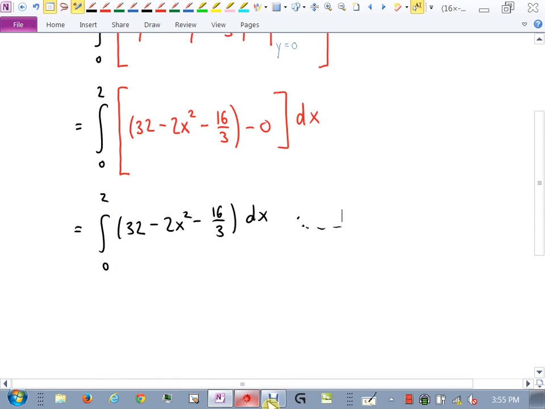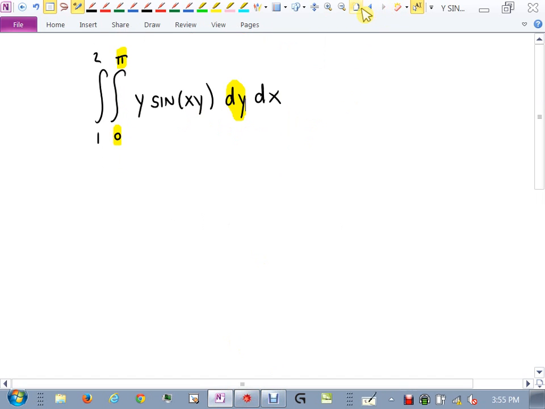But where we're headed here is, well, let's just see where we're headed, okay? Integrating over a rectangle, you'll never see a problem like that on a test. It's too easy. We want to integrate over something more complicated. But we have to start somewhere, right? Okay, so we do this one.